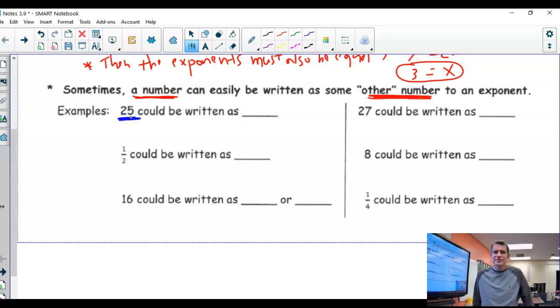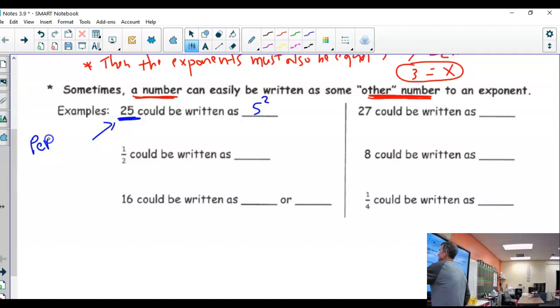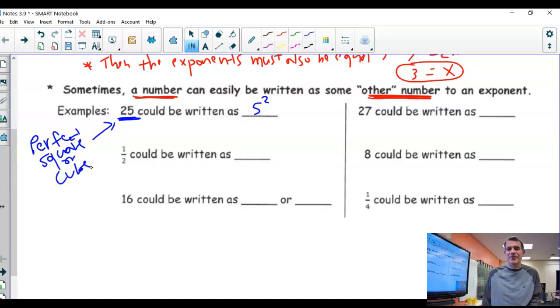I claim that 25 is a perfect square, and therefore it could be written as 5 to the second power. So all I've done is take the number 25 and I've written it as some other number to an exponent. This is really easy to do if this number is a perfect square or cube, right? Then you can just write it as some number squared or some number cubed.